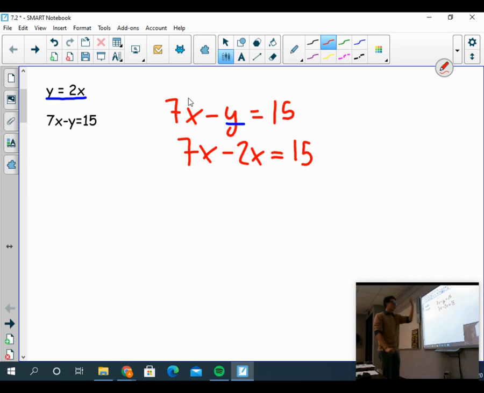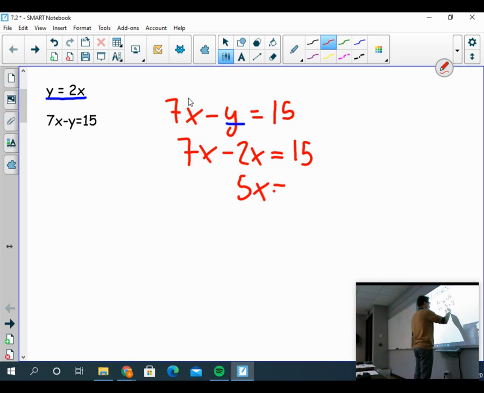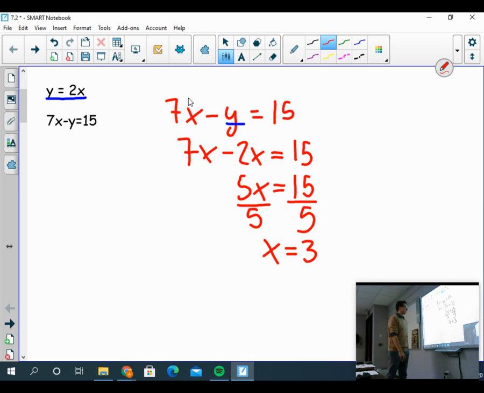I'm plugging something in for something else that it's equal to. So 7x minus 2x, when I do that, I get 5x equals 15, because now that my equation's in one variable, I can go ahead and solve it. Divide by 5, and I get x equals 3.